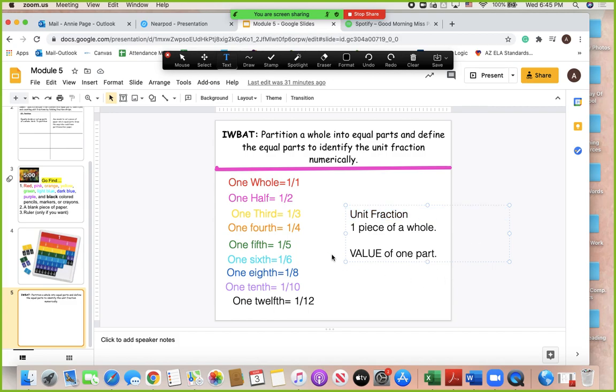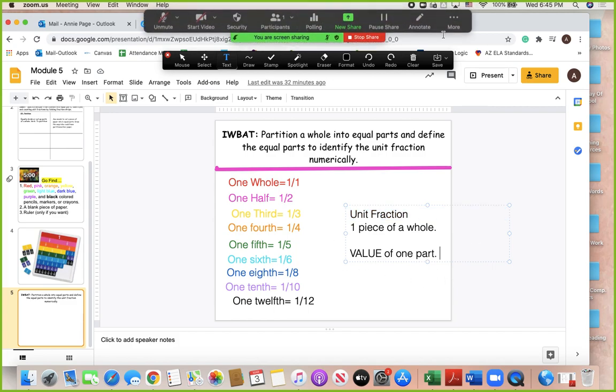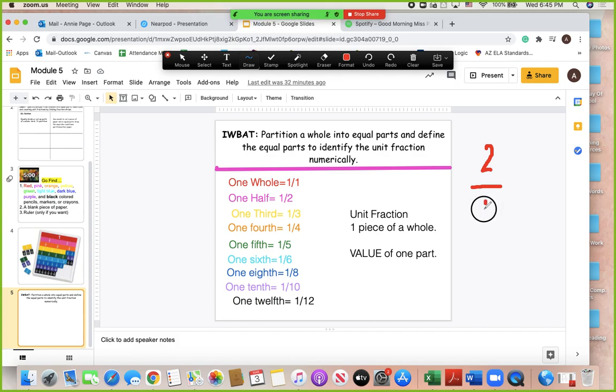Okay, we're not always going to have a unit fraction. Sometimes we'll have 2/4, which, does anyone know what 2/4 is equal to? Half. Half of the half.